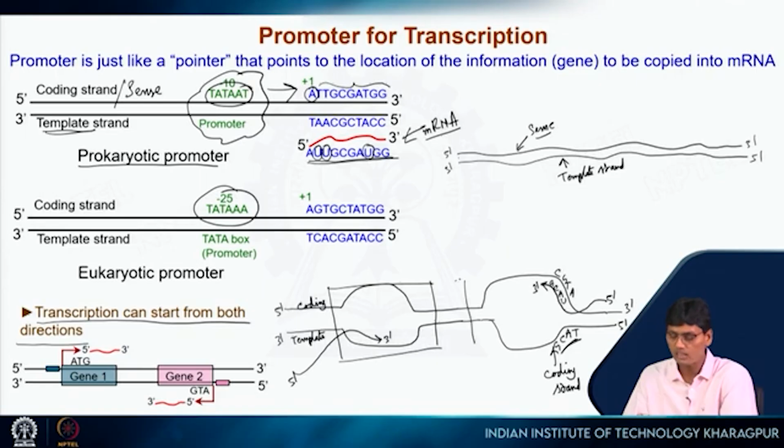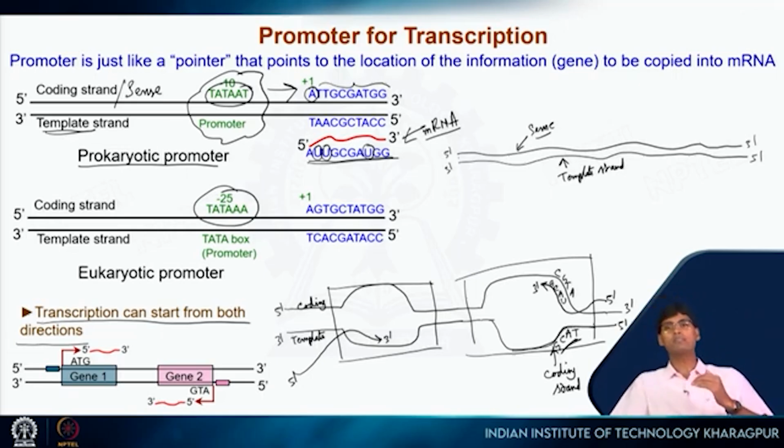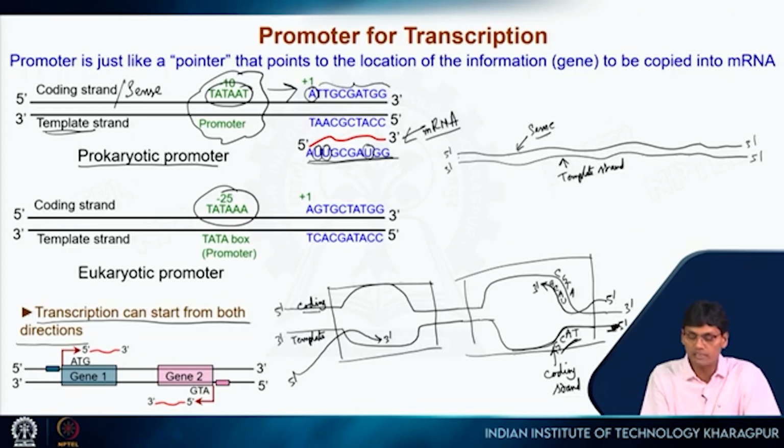So for this gene, the coding strand is this one here. That means the promoter sequence we are talking about, T, A, T, A, A, T, is present here. Similarly, in this gene, the promoter sequence T, A, T, A, T is present here, and that's why it is happening.